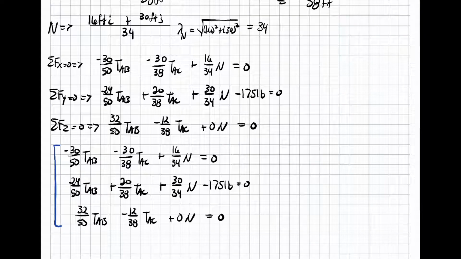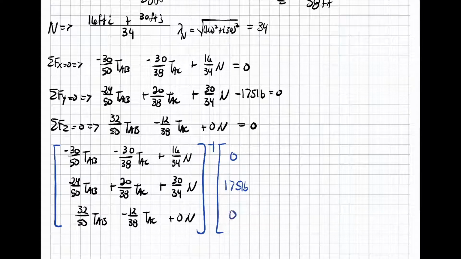Make my life a little easier. Just going to take off the right hand portion. We use the inverse method again. We have 0, 775 pounds, and 0. All of this is going to be our output, which is tension AB, tension AC, and our normal.